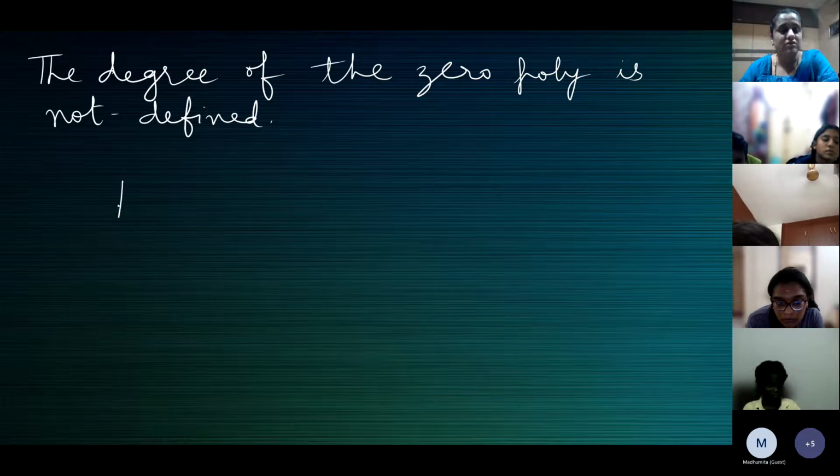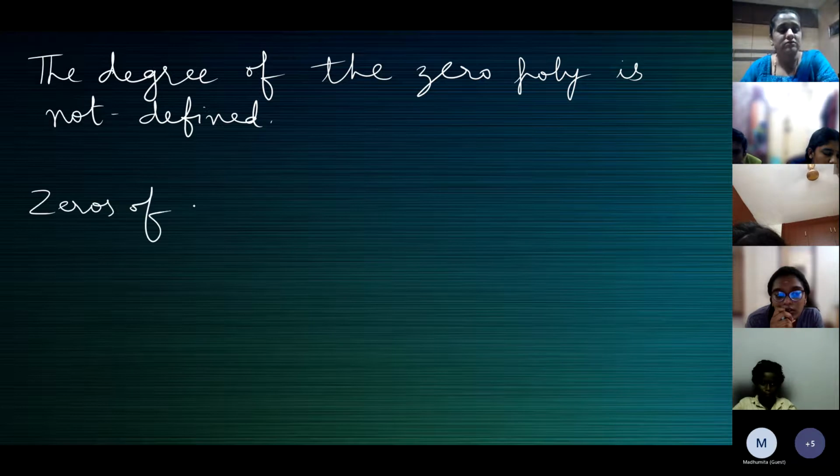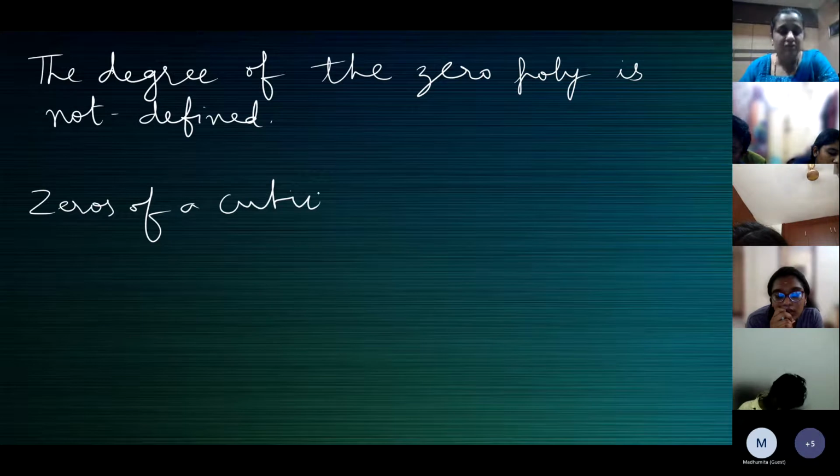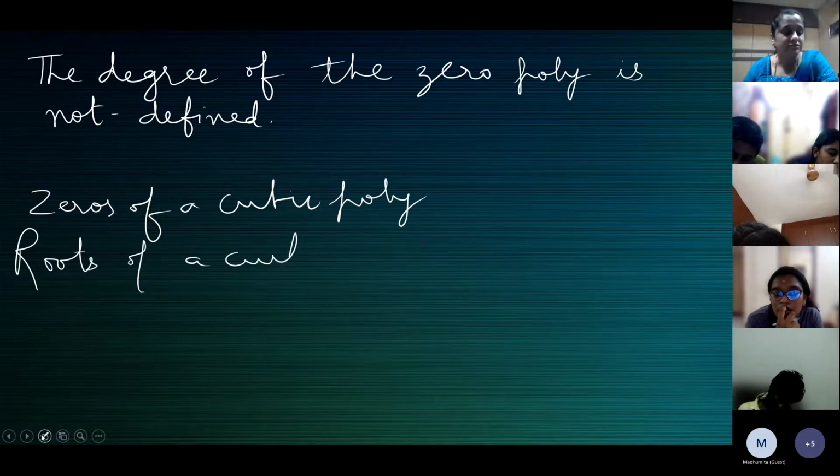Whatever polynomial, equation. So we say zeros of a cubic polynomial, roots of a cubic equation, just for you to understand the usage.